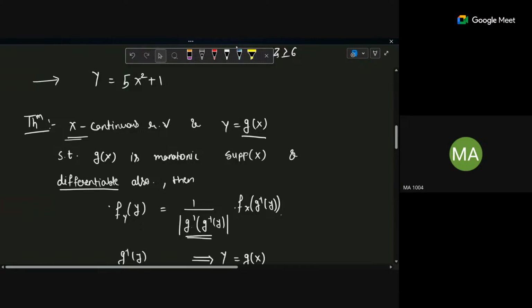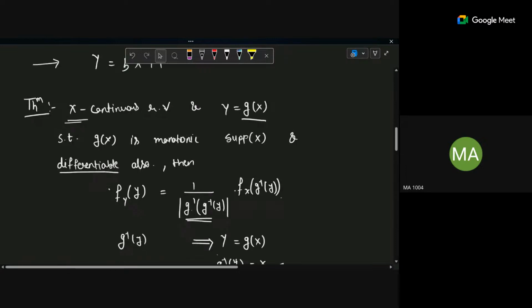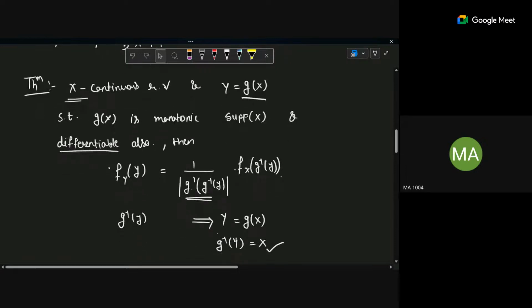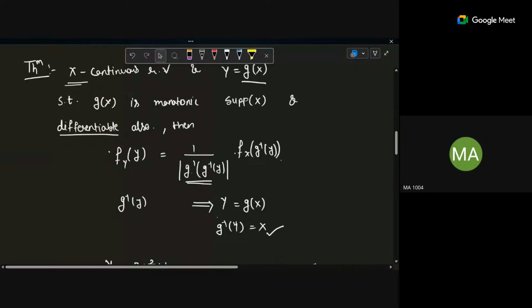if both conditions are satisfied for the given support of x, then you can use this theorem directly. It says that if your random variable is a continuous random variable and the function of the random variable is monotonic and differentiable on the support of x, then the distribution, that means the PDF of that new random variable, is given by this formula.